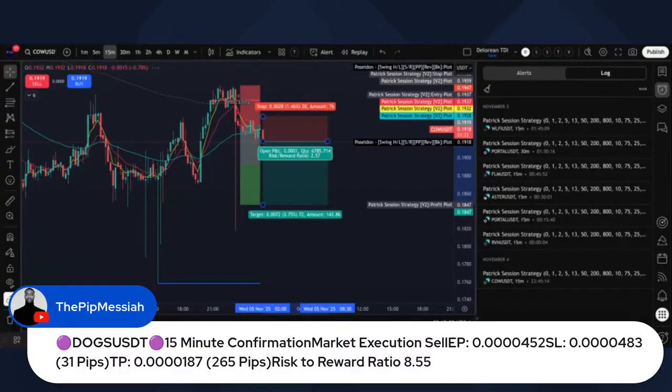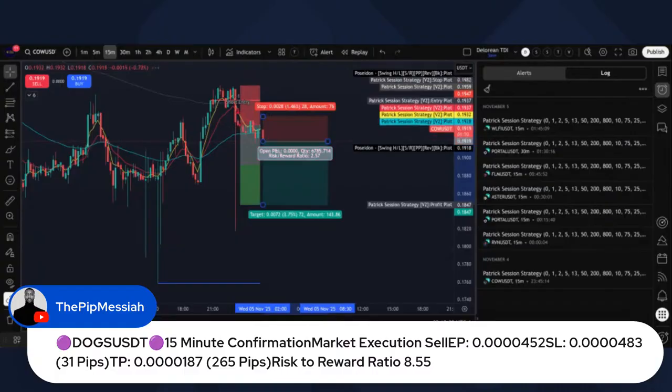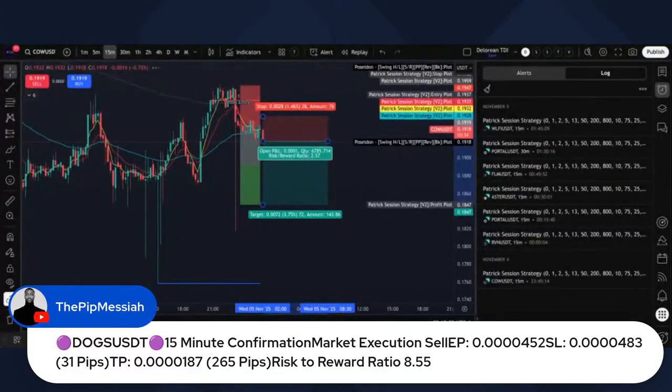Risk is 2.57. Entry is 1919. Stop is 1947. It's 28 pips. Take profit is 1847. 72 pips.